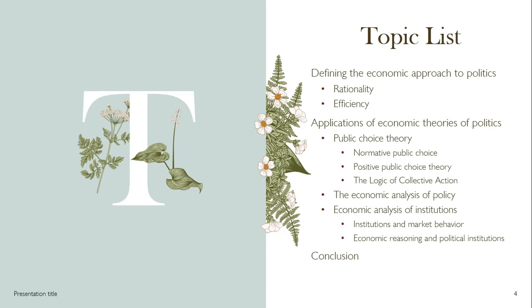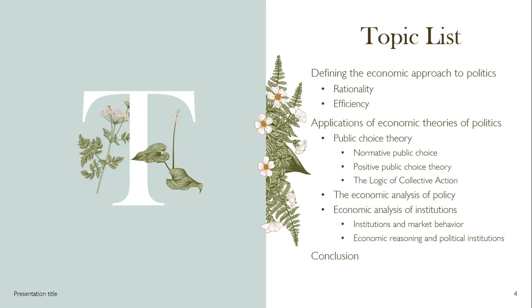This is the topic list for the whole video discussion. First, we will define the economic approach to politics, and under that we will discuss rationality and efficiency. Next, we have applications of economic theories of politics, which tackles public choice theory, and then branches down to normative public choice, positive public choice theory, and the logic of collective action.